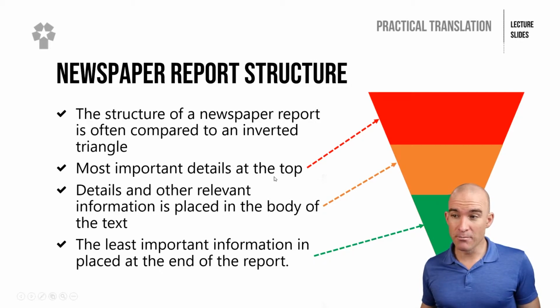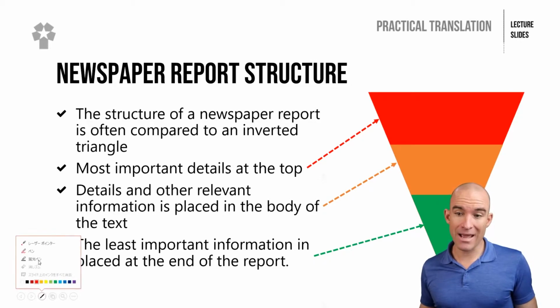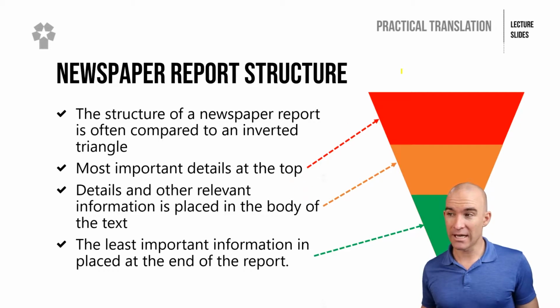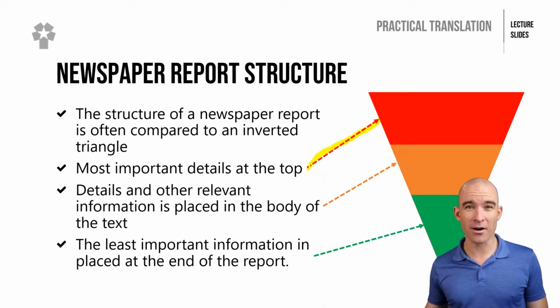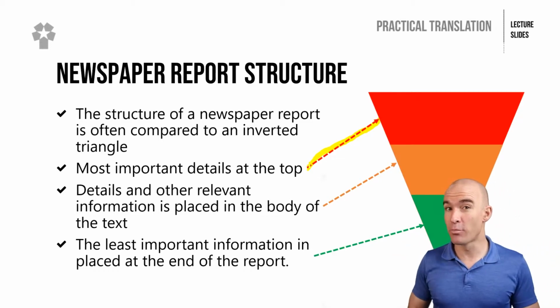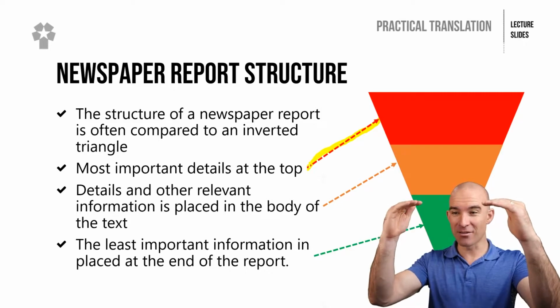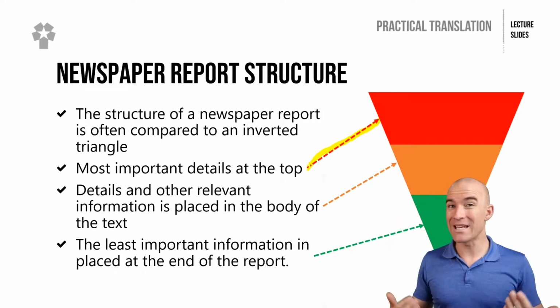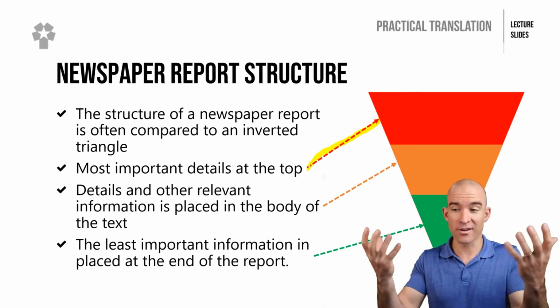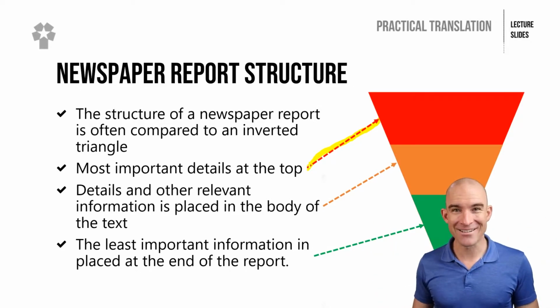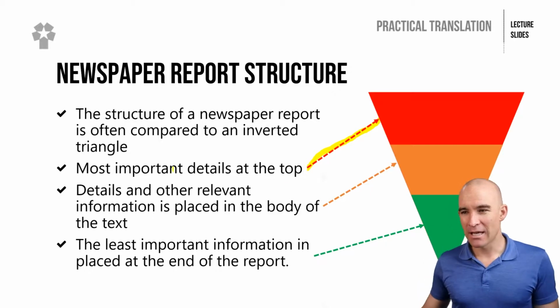Generally, the most important details come at the top of the article. Right at the beginning of the article, you give the most important details. So if somebody just reads the first maybe 20% of the newspaper article, they've already got about 80% of the information.